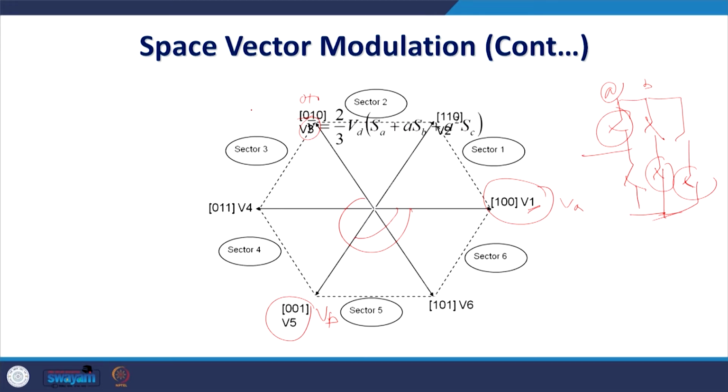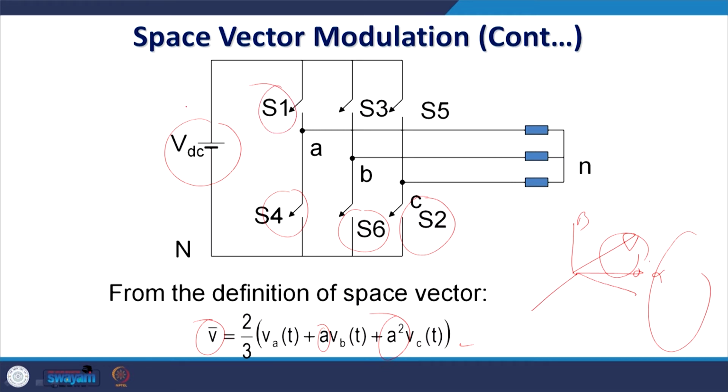If it is VA, there should be a minus VA. You can see the correspondence to this switch: if switch 1 is closed and the other lower switches are closed, definitely what we will get is VAN.